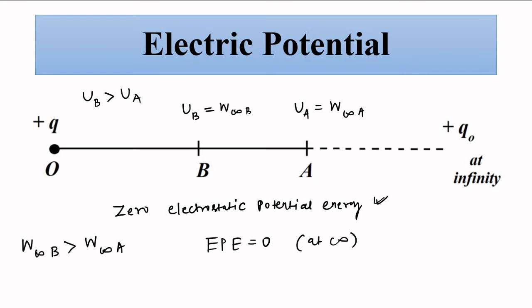So for electric potential, like the electric field, in order to define electric field, we had the force which was exerted on the test charge q0, divided by the test charge itself, the Coulombic force divided by the test charge.